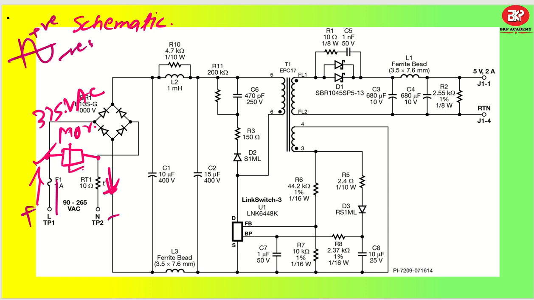So this path will start and move this way, go through the capacitor and charge it, and now it comes up to this junction. It will not go to this side because this is already line. The path has to get completed, so it will take this path and come back to neutral. This is a complete path.